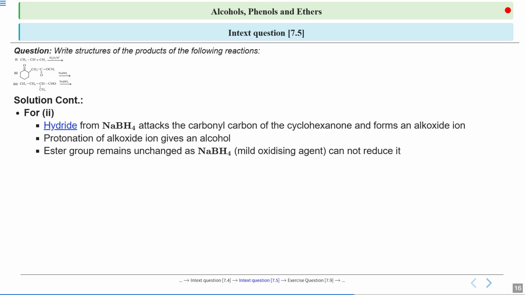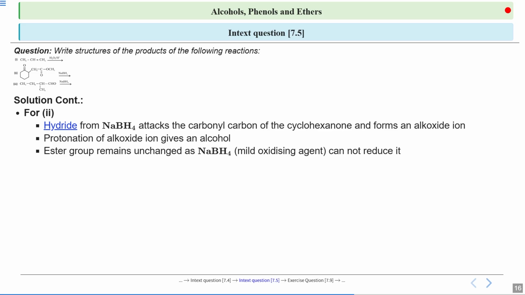It is not a strong reducing agent, due to which it cannot reduce esters and also acids. Acid and ester reduction needs a strong reducing agent, but sodium borohydride is an exception, because it cannot reduce esters and acids since it is a mild reducing agent.